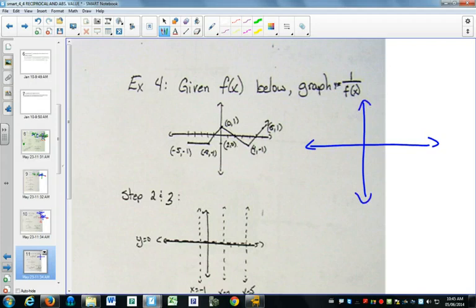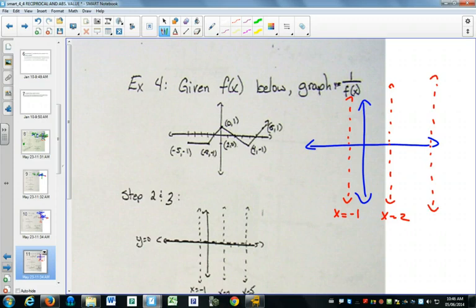You just have to go through the process and say, wherever I have x-intercepts, I'm going to have asymptotes. So you see I have an x-intercept at -1. Looks like I have one at 2. And 3, 4, 5.